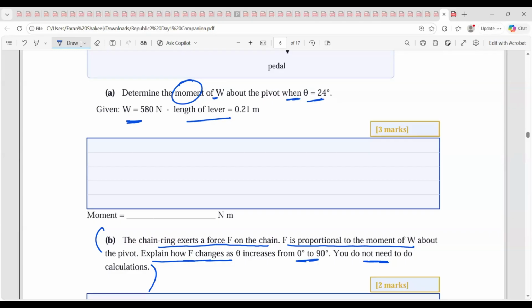What can you say about it? As theta changes from 0 to 90, how would the force change?